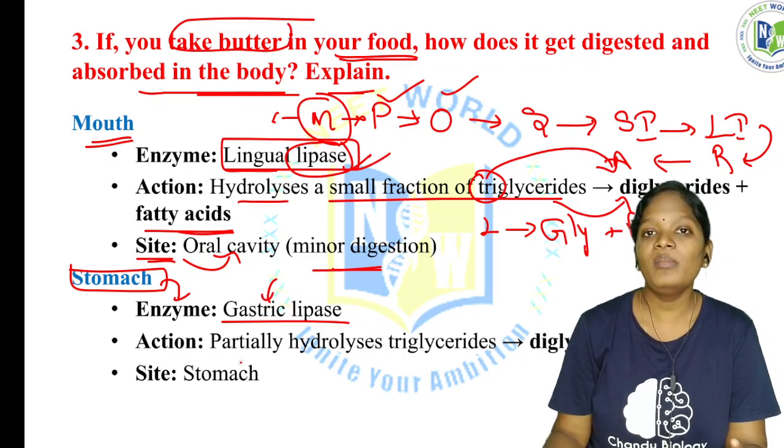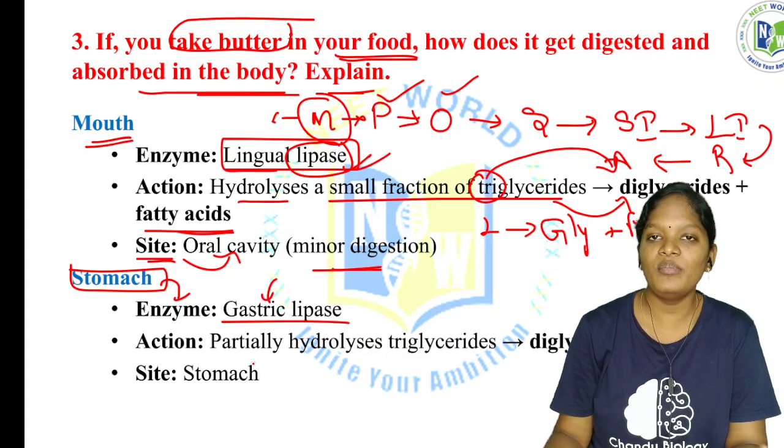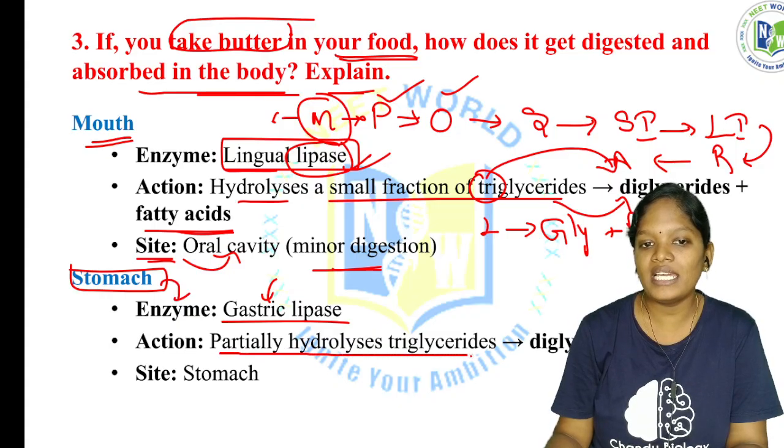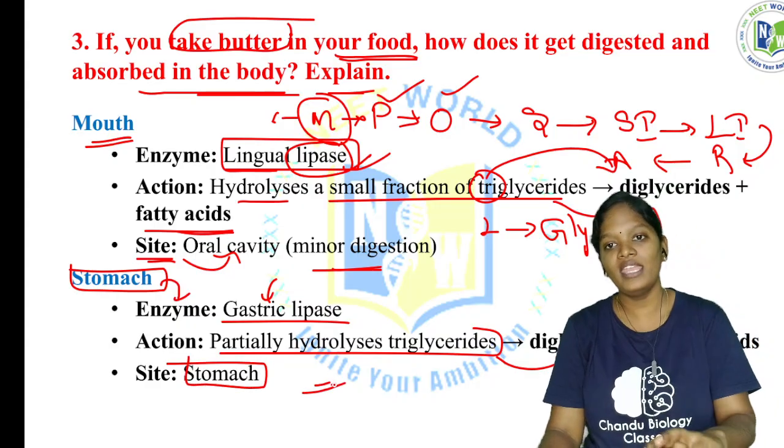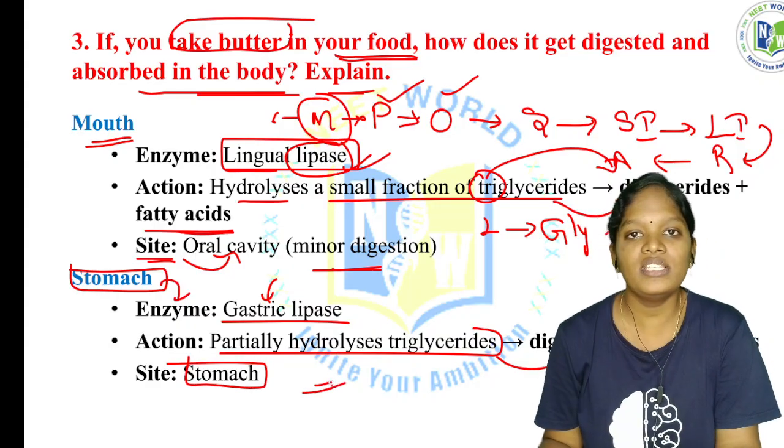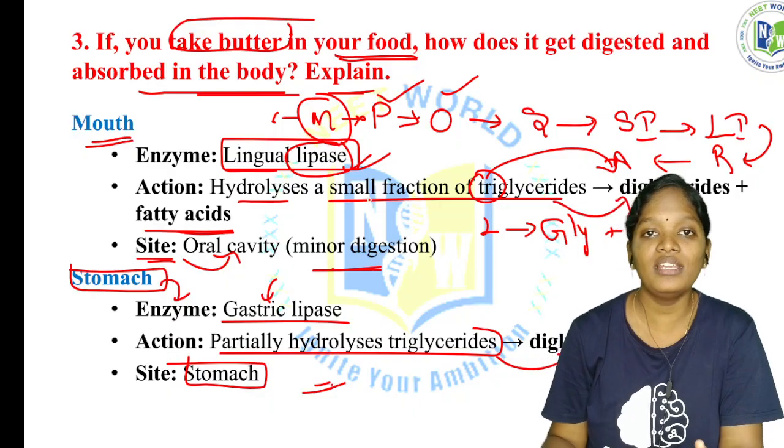What is the action of this gastric lipase? The partially digested triglycerides are converted into diglycerides plus fatty acids. This takes place in the stomach. Here also digestion is partial, not complete.